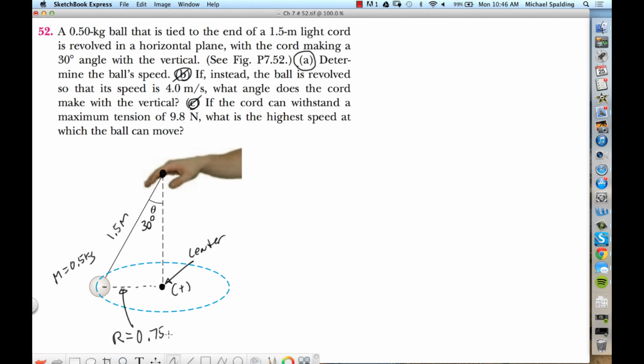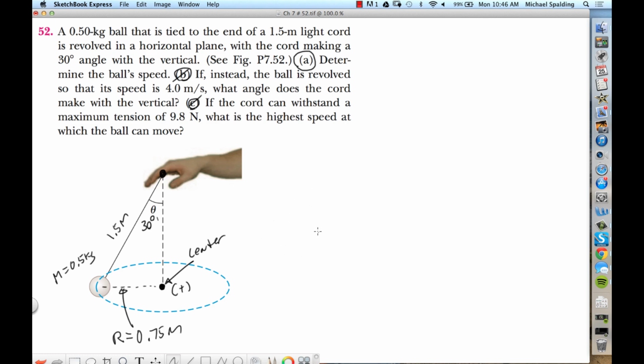It's 0.75 meters. The question is, determine the ball's speed, which is tangential. It's a tangential velocity. If this ball left the circular path, how would the ball leave the circle? In a straight line, tangent to the circle, right?